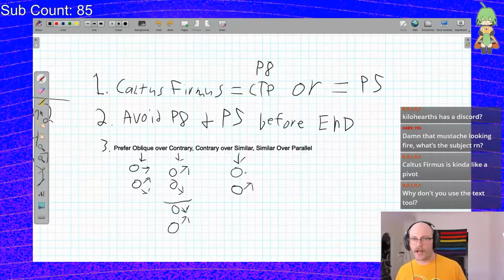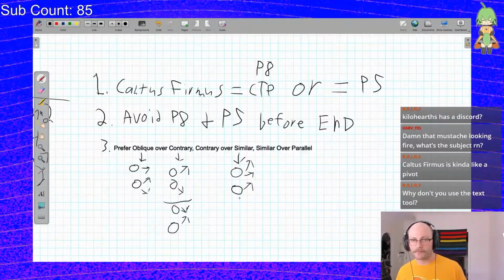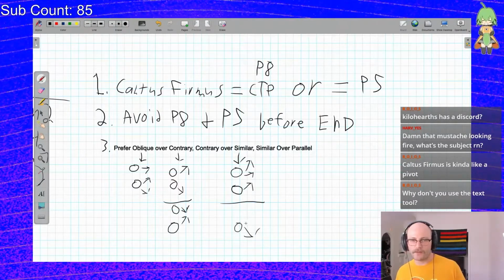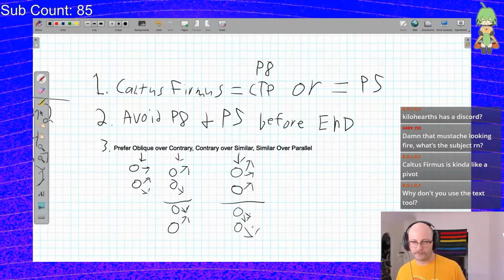If theirs is going high, yours might not go as high, or it might go even higher. And if the cantus firmus goes down, maybe you go slightly down or even further down.